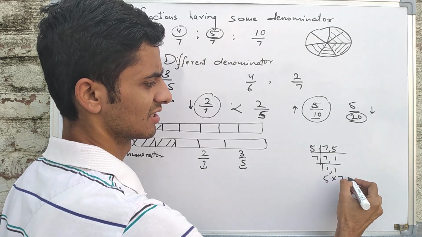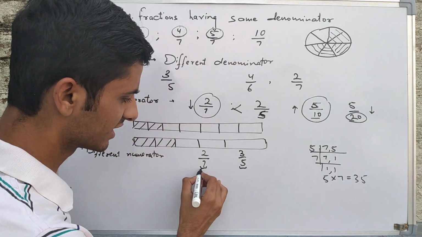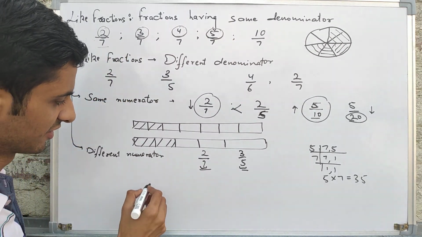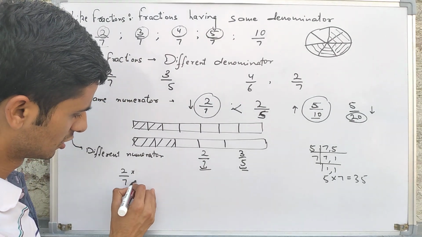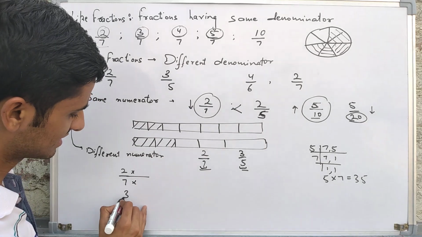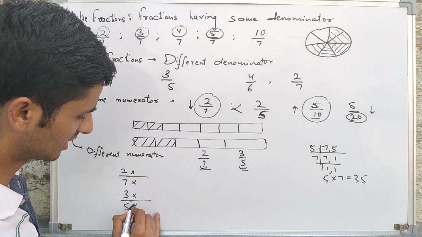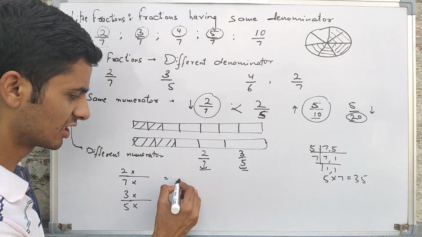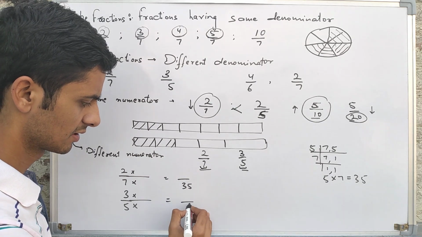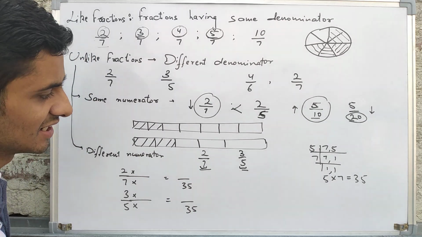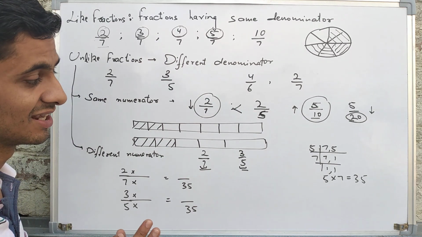So LCM is 35. Now we will make denominator of both as 35. So 2/7 to be multiplied by something, 3/5 also to be multiplied by something to make the denominator 35. Basically, we are going to make these fractions like.